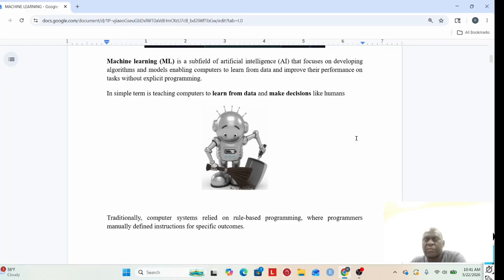Right now, with machine learning, data is given to an algorithm, which then learns everything about the data and is able to perform a specific task based on what it has learned from the data.